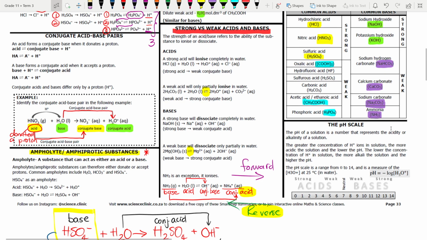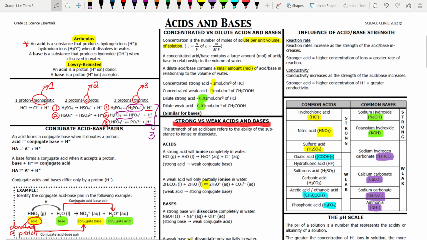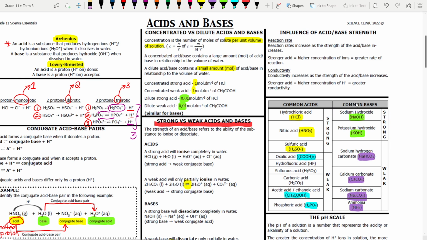Okay, the next thing to talk about, I've seen this in the grade 12 question papers actually, so it's very important as well, is to understand reaction rate. Reaction rate increases as the strength of the acid or base increases. I already mentioned that a strong acid will ionize faster.